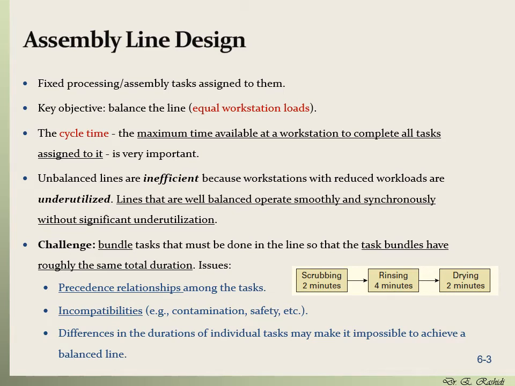Another one is safety. Safety is another consideration, constraint, or challenge in balancing the line. Or it might be that differences in the duration of individual tasks make it impossible to achieve a balanced line.